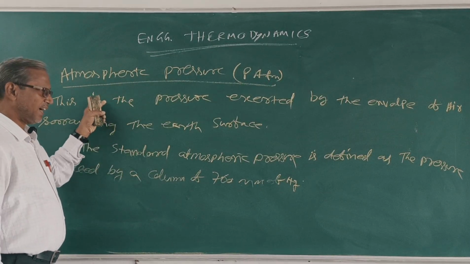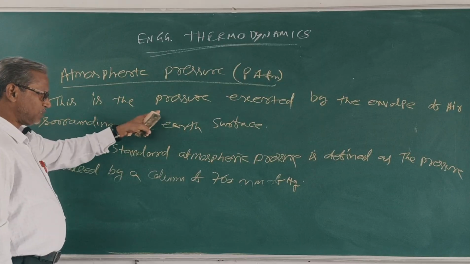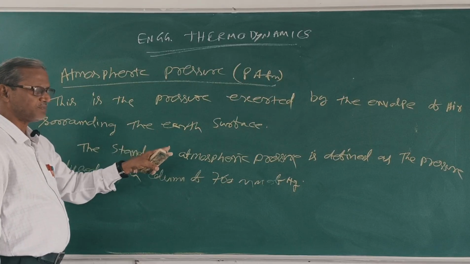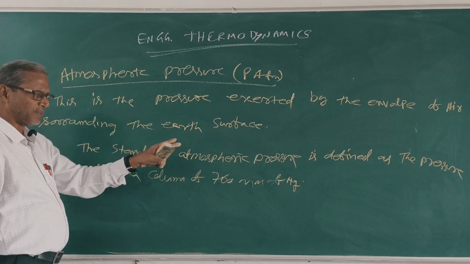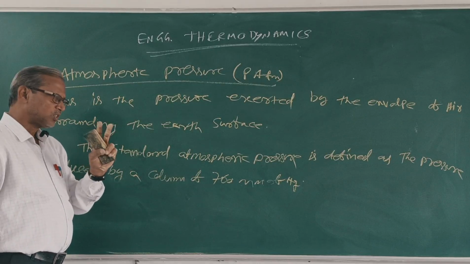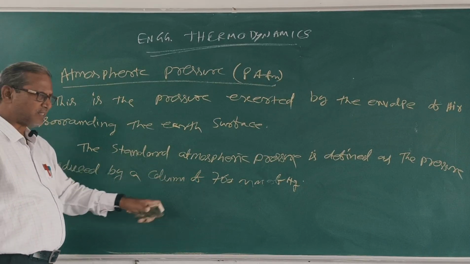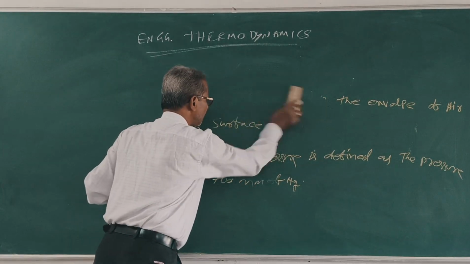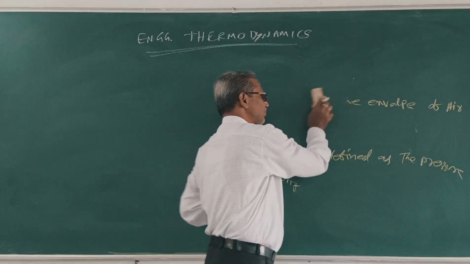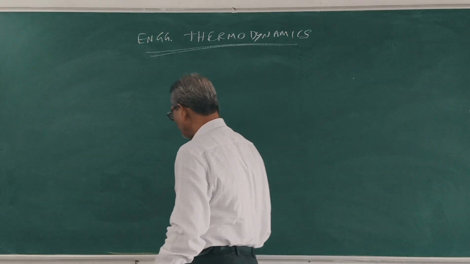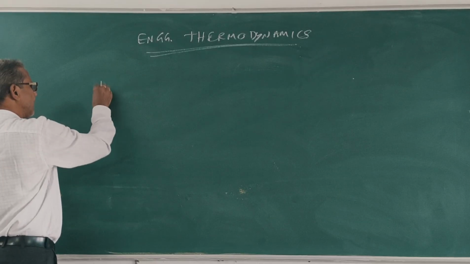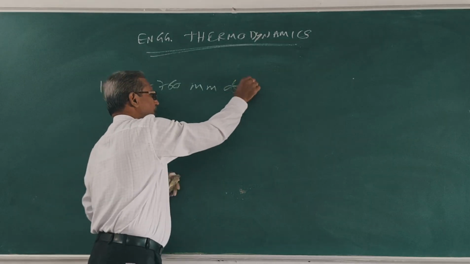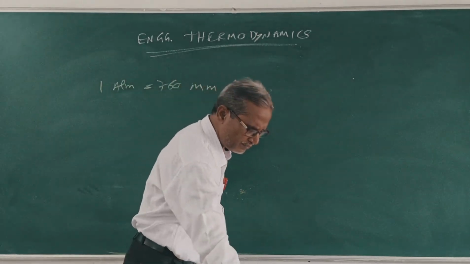This is the pressure exerted by the envelope of the surrounding of the Earth's surface. Clear? The standard atmospheric pressure is defined as the pressure exerted by a column of 760 mm of Hg. This means one atmosphere pressure is equal to 760 mm of Hg. Clear?